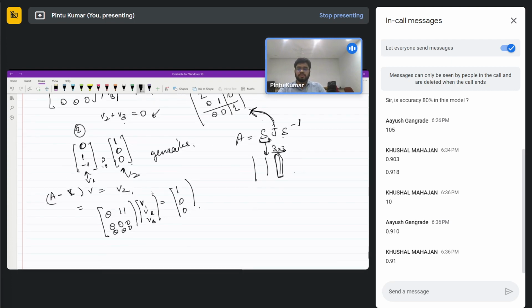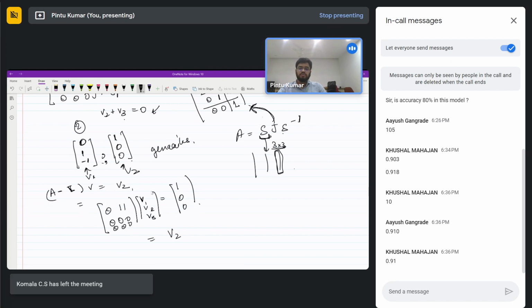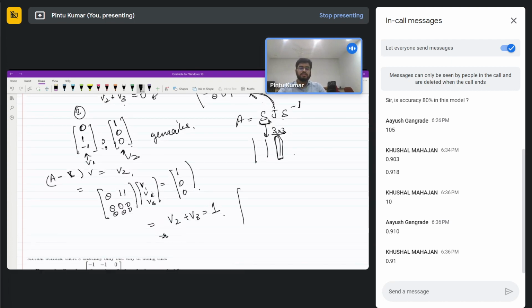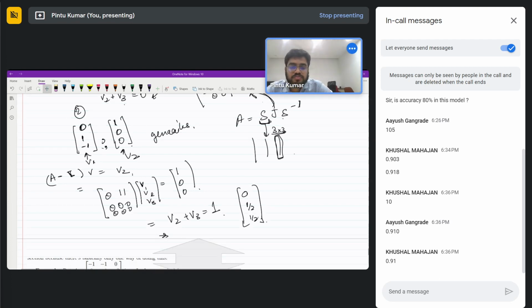I'm abusing my notation a bit. So what does this give? This gives V2 plus V3 is equal to 1, which means you can have a generalized eigenvector of the form 0, 1 by 2 and 1 by 2. You can have this as a generalized eigenvector. So you can construct your matrix now.